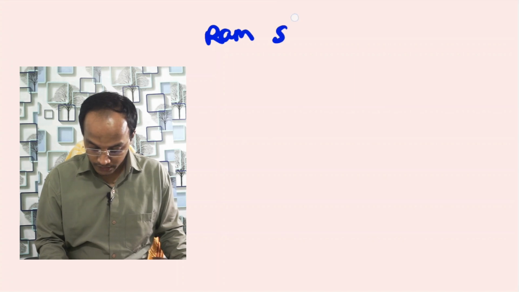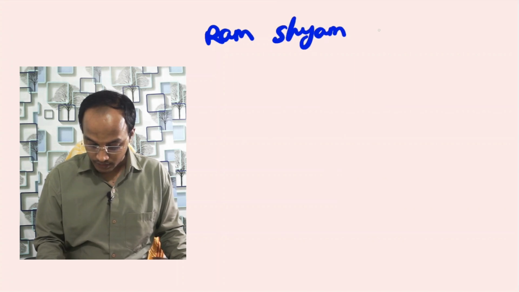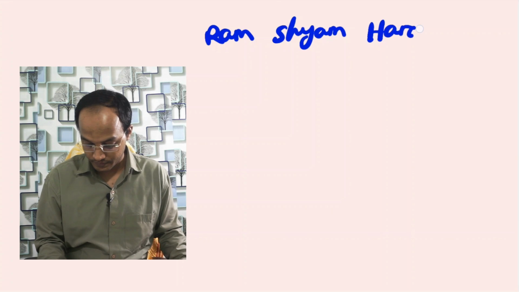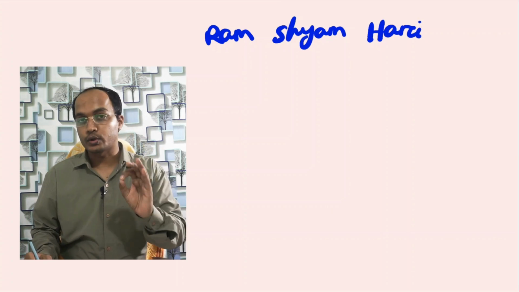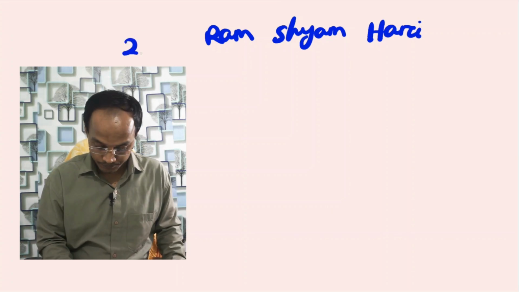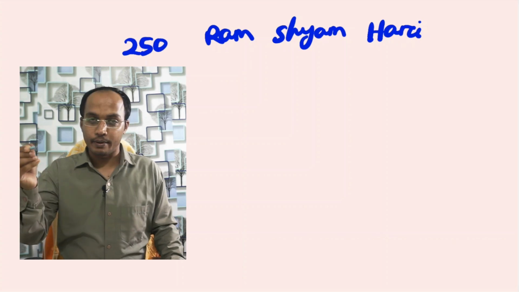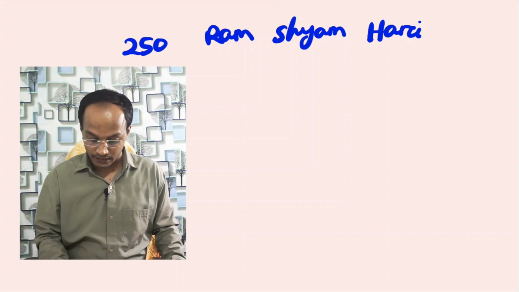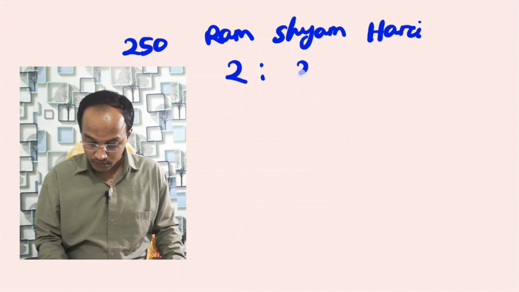What is the application of this percentage? We will take the application. There are 3 friends. Just imagine you 3 friends: one is Ram, one is Shyam, and another one is Hari. The total amount is 250. It is divided between the 3 in the ratio of 2:3:5.